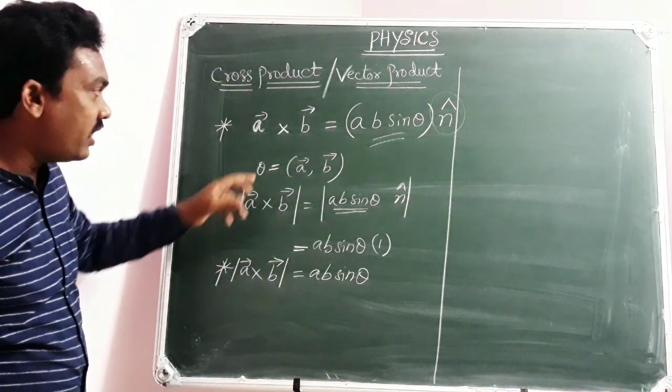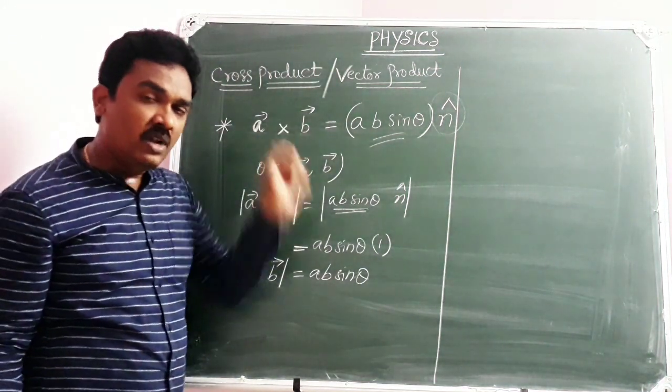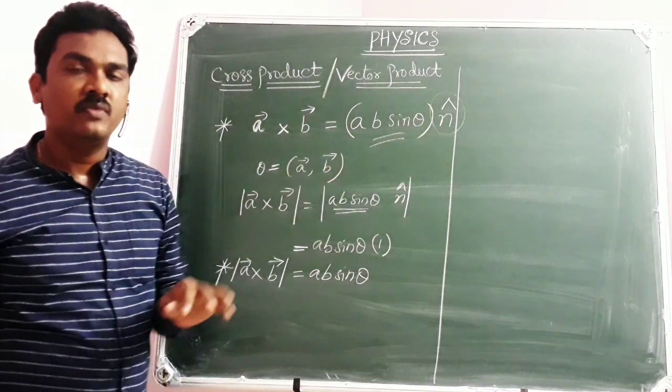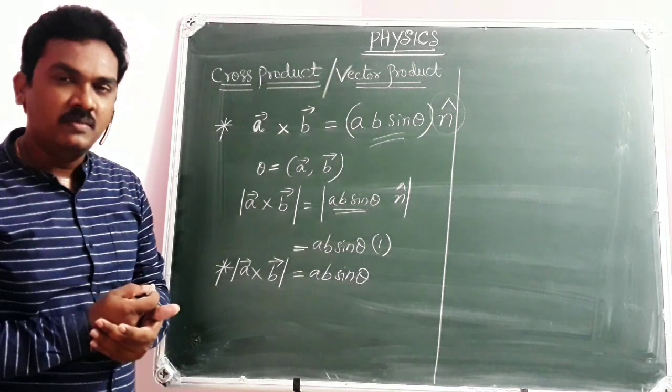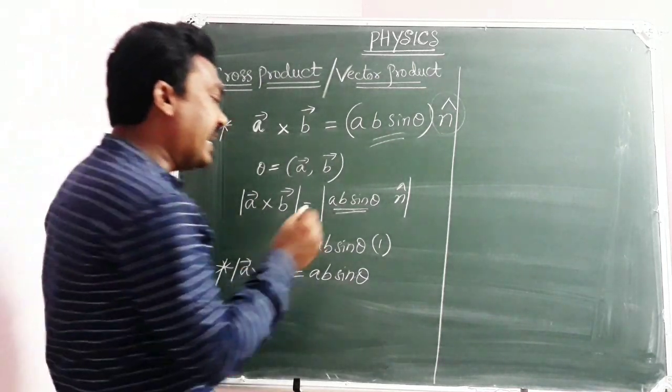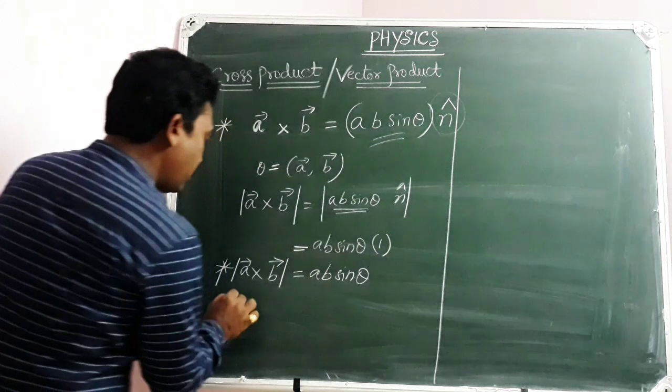This means the direction of a bar cross b bar will be in the direction of n cap, which is a unit vector. Then how should the unit vector be?